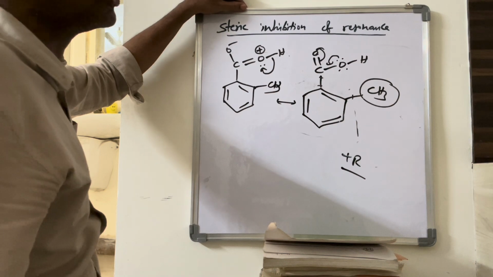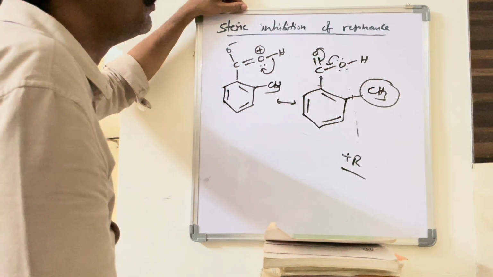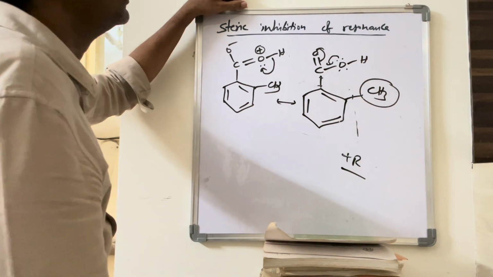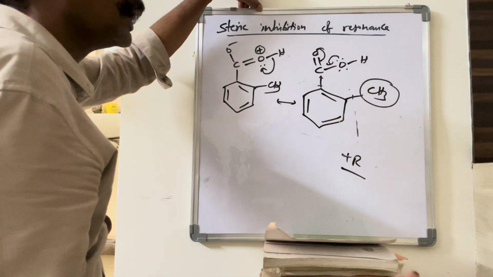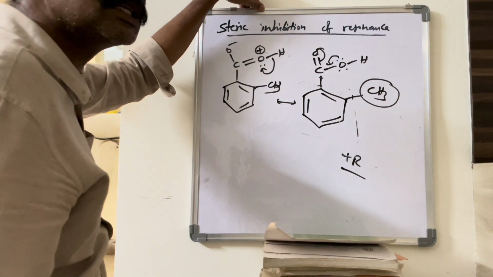That means an ortho substituent prevents the coplanarity of the benzene ring and the COOH group. In this manner, the extent of lone pair pi bond conjugation is increased. As a result, the acidic strength is increased.